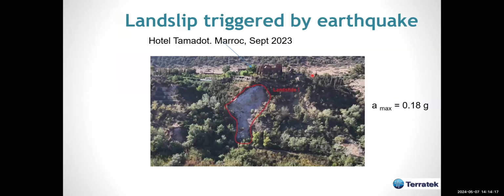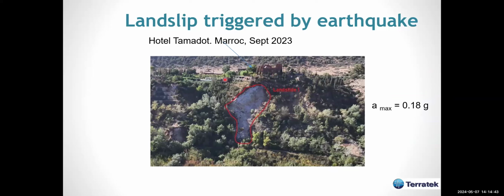And this is a landslip triggered by an earthquake. This took place in September 2023. And it was a hotel in Morocco. I visited the site, and I carried out a preliminary design to stabilize the slope. And what was very bad, I visited also the hotel.